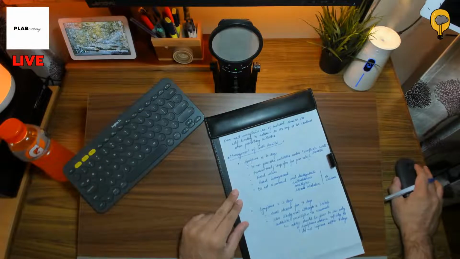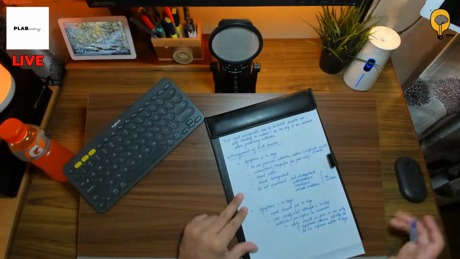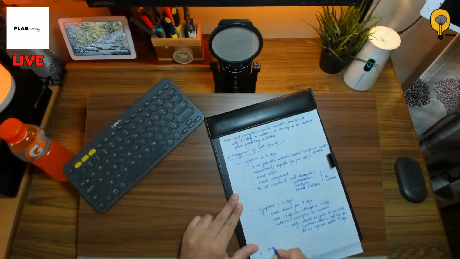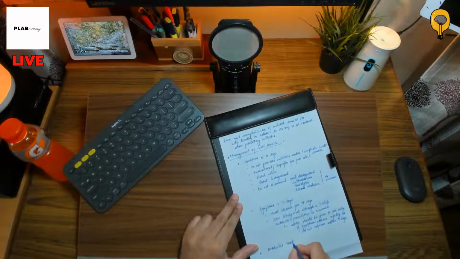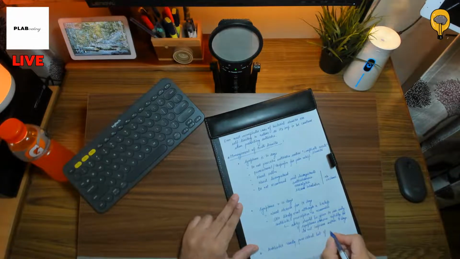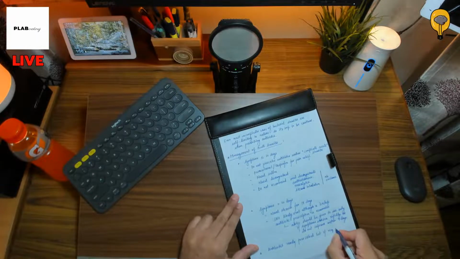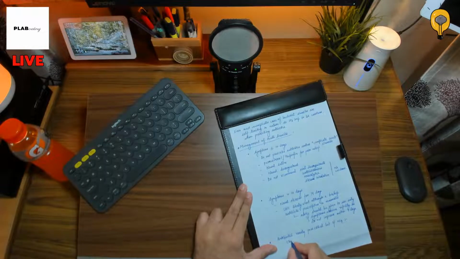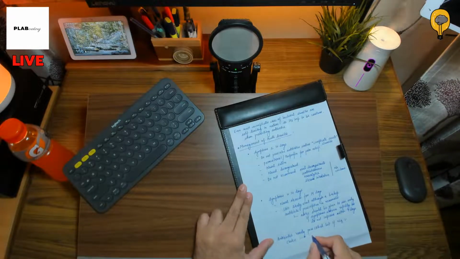So, antibiotics should rarely be prescribed, but if required, then the choice would be phenoxymethylpenicillin.